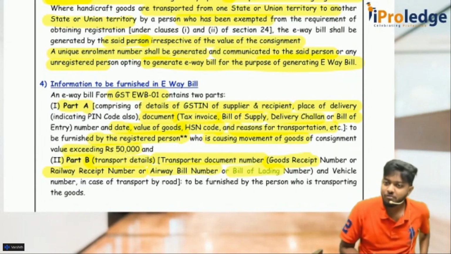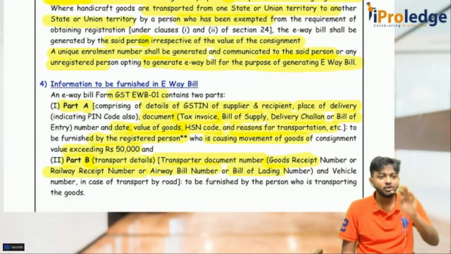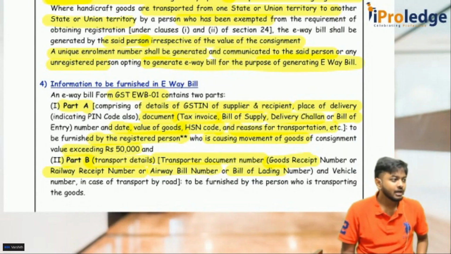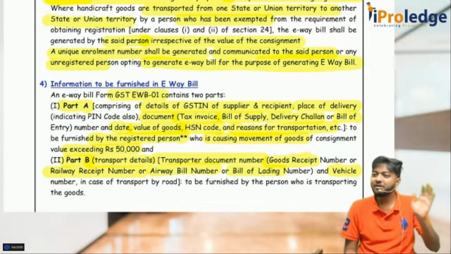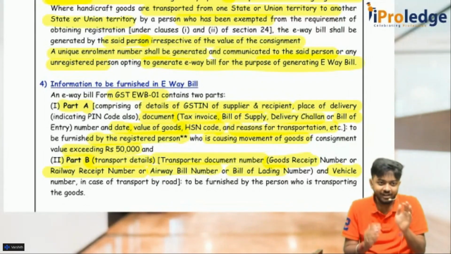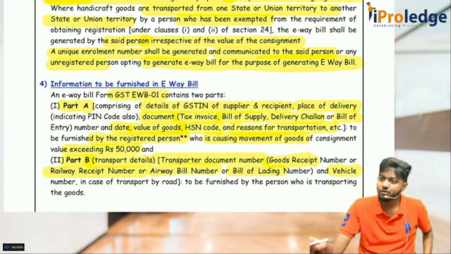Bill of lading in the case of ship. All these transportation document numbers you will give in part B. Is it clear? And the vehicle number. I hope you know a vehicle has a registration number on its number plate. That number also you're supposed to give.